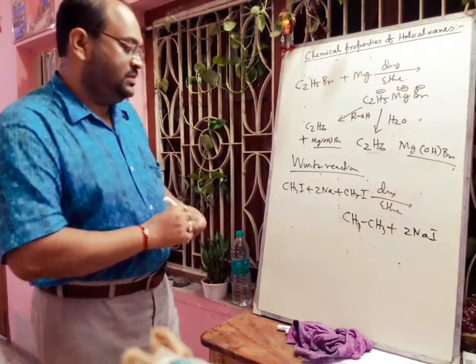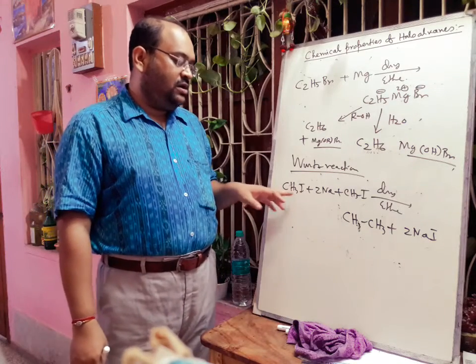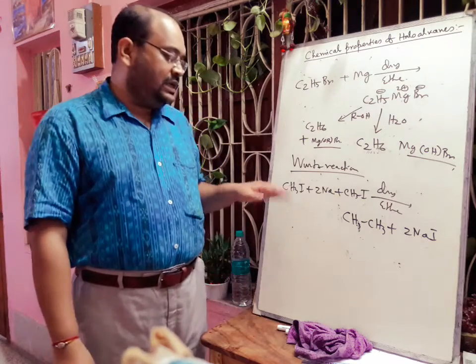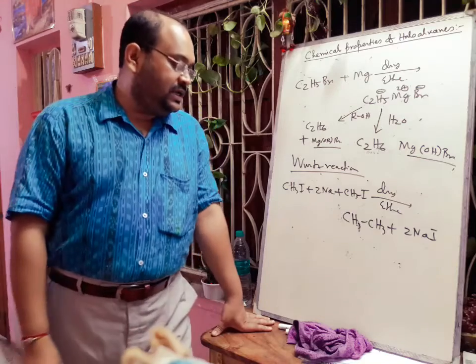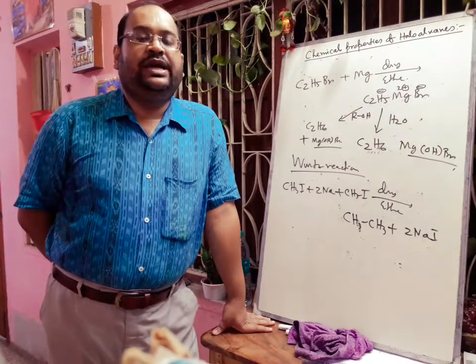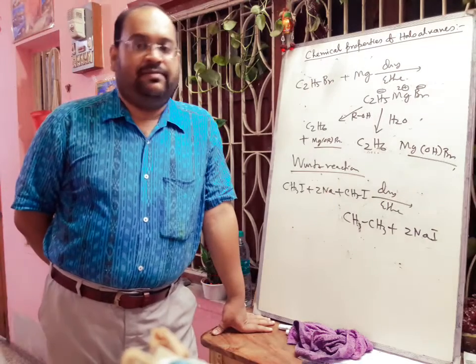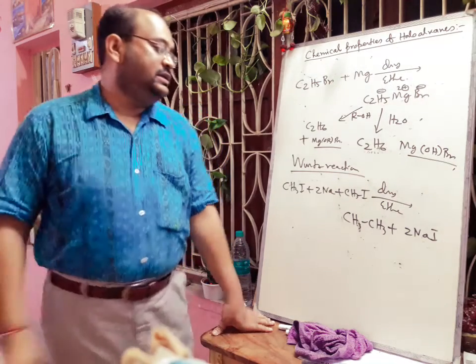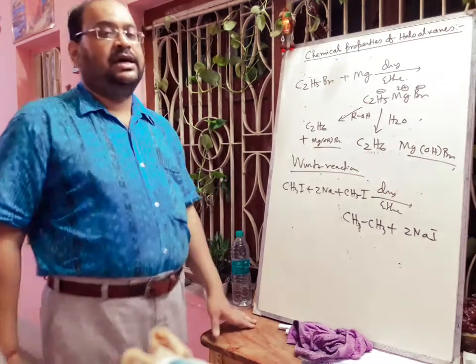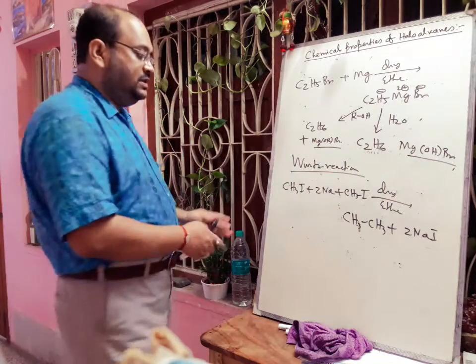Generally methyl iodide or bromide type of alkyl halides will give better yield, and in this reaction we can only prepare alkanes having an even number of carbons.